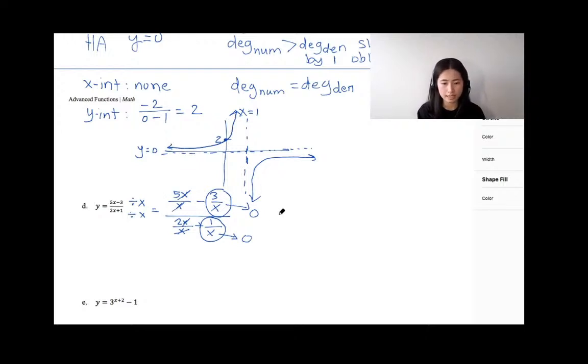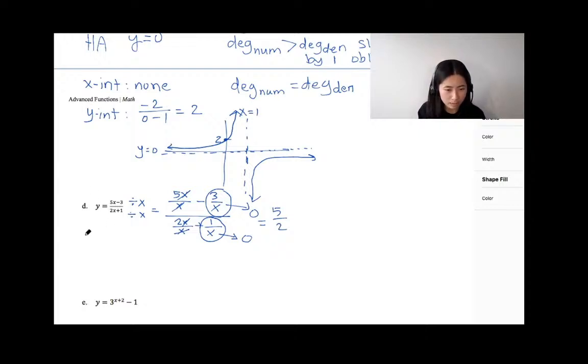In this case, this would be 5 over 2, because this is 5 minus 0, and 2 plus 0, so it's 5 over 2. Okay, so once you have that, you can actually start graphing.